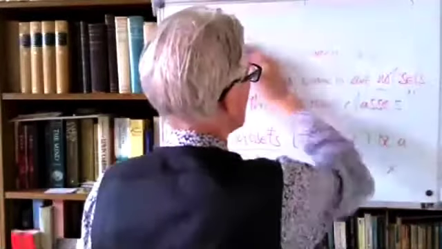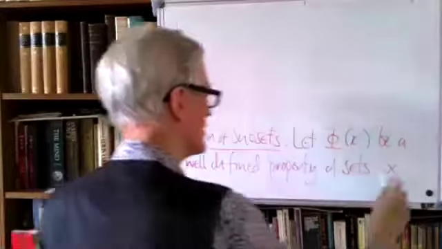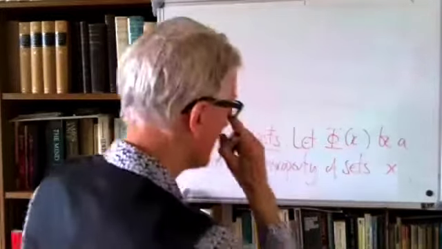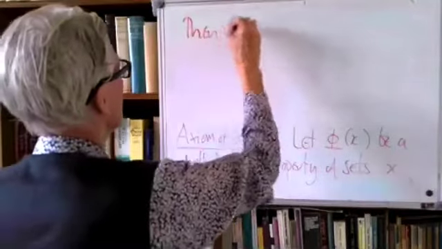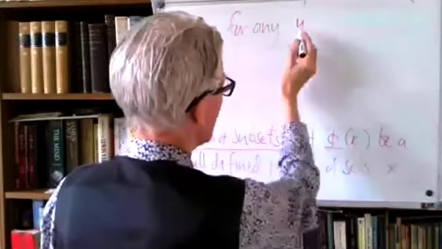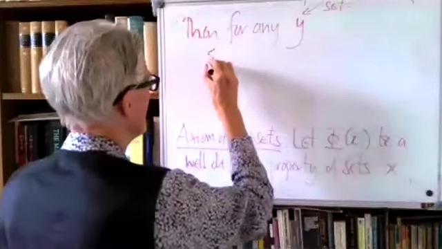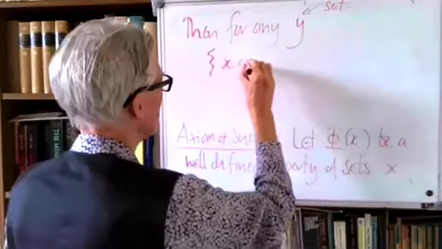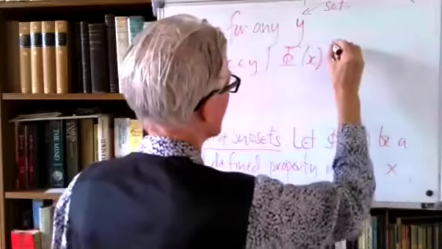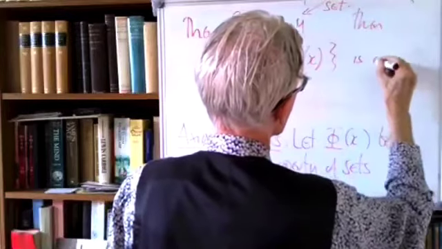Going over to the next page, page 7: then for any y, so again lowercase, I'm thinking of a set y, the class, the collection of x's in y such that phi of x holds, this is a set.